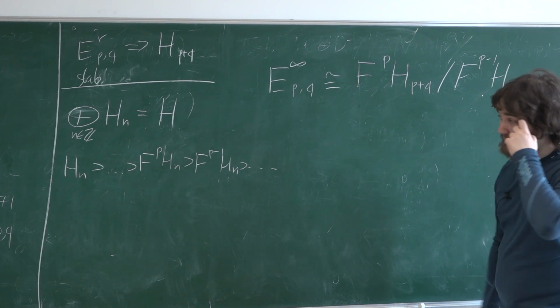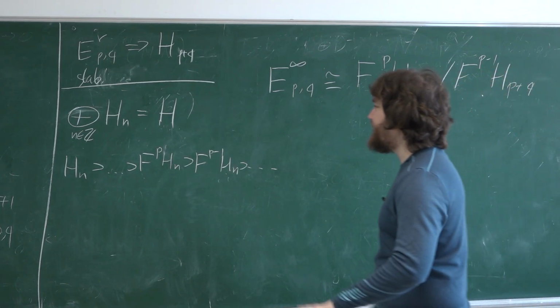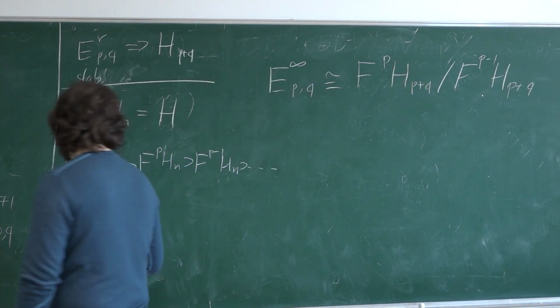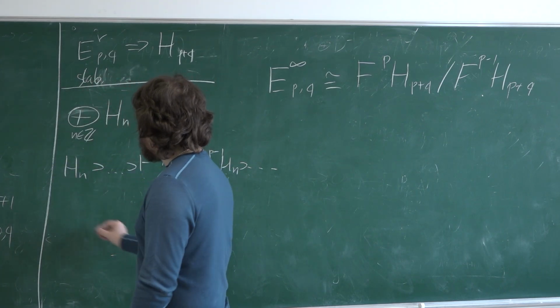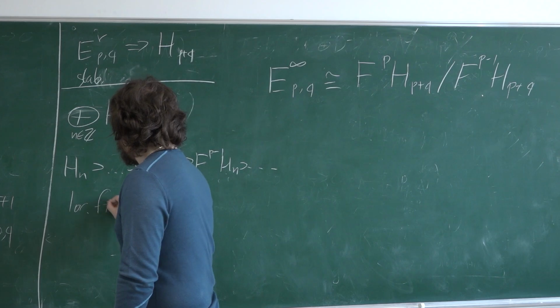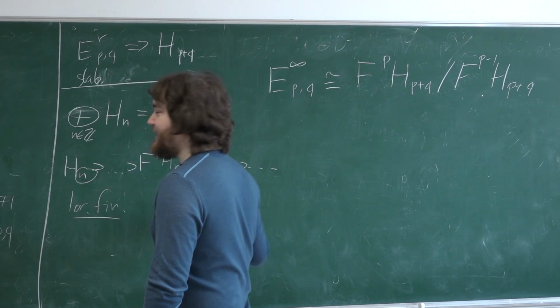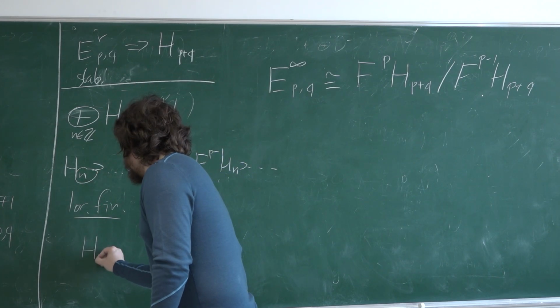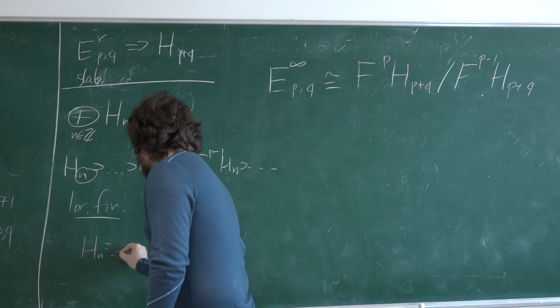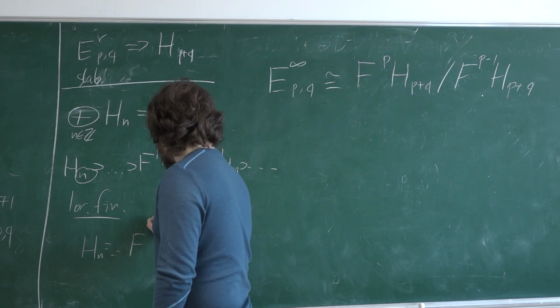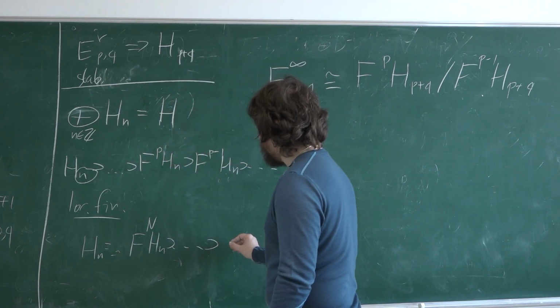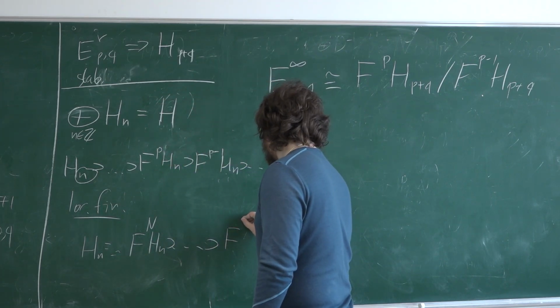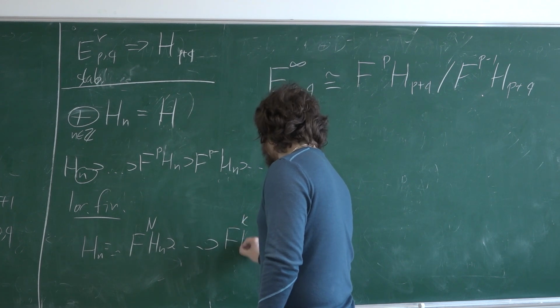It's an increasing filtration. In our situation, this filtration will be locally finite, which means that for each grading, it is in fact finite. So in fact, H_n is F something, then increasing filtration, and F_K is 0.